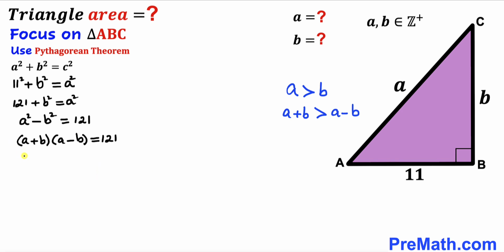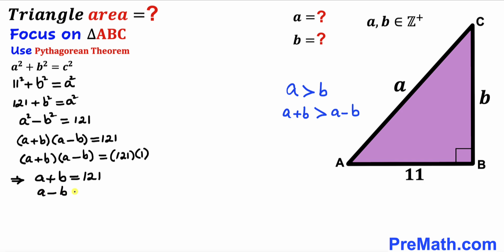So a plus b times a minus b equals 121 times 1. Therefore our a plus b factor is equal to 121, and our other factor a minus b is equal to 1.